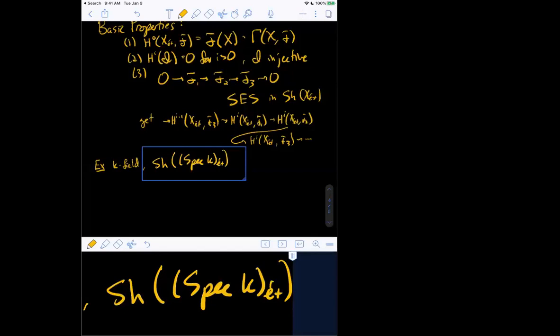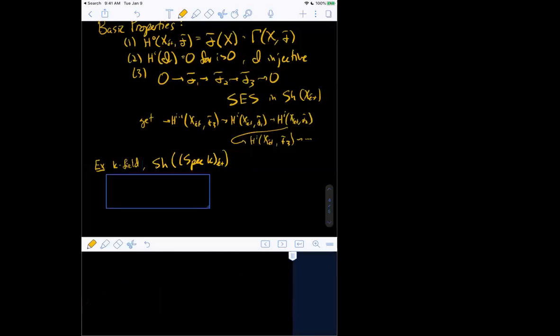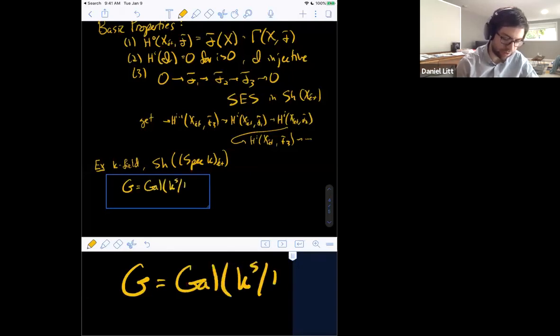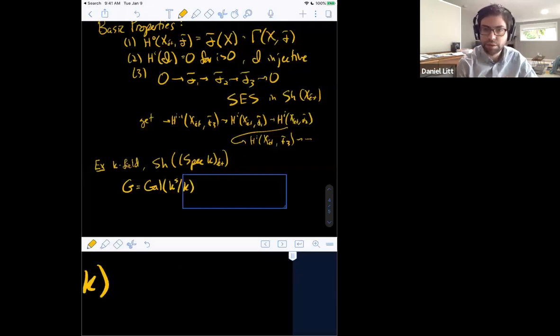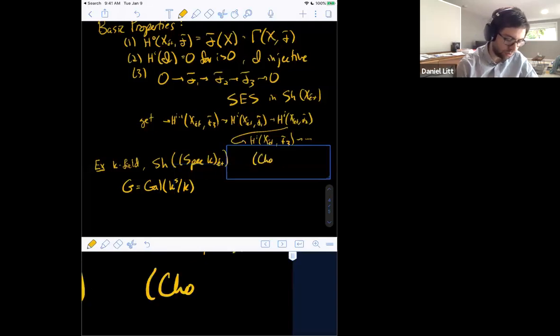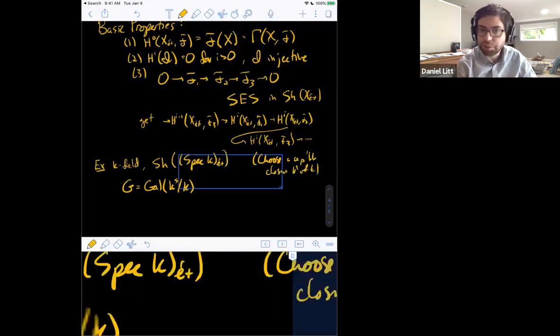So can anyone explain to me how to do this for a general field? Arvin has a suggestion. He suggests the category of G-modules, where G is the Galois group. So let's set G to be the Galois group of K sep over K. Here we have to choose a separable closure K^s of K. Sorry, what were you saying, Ali?